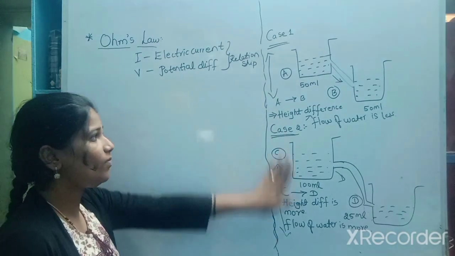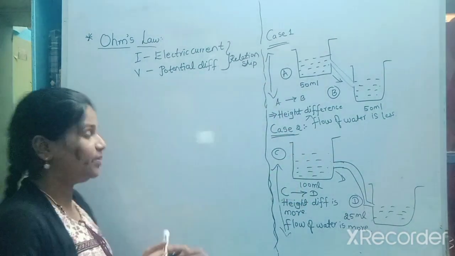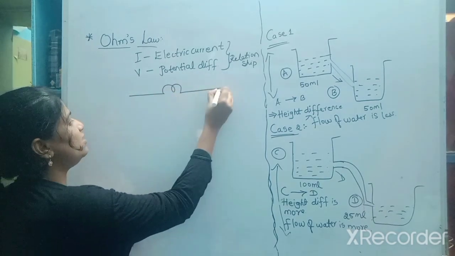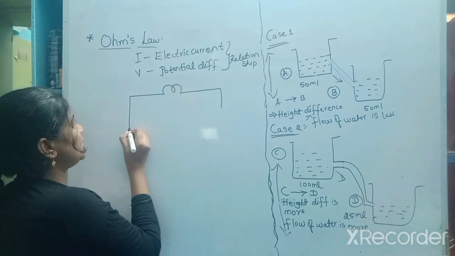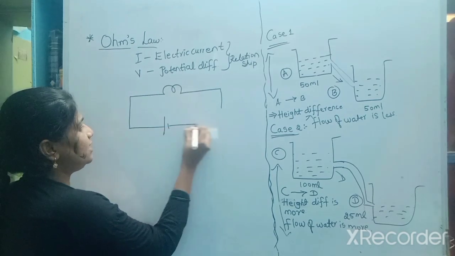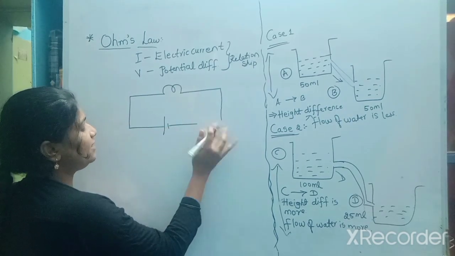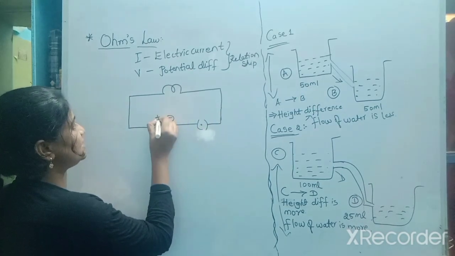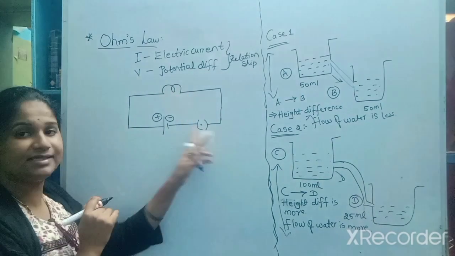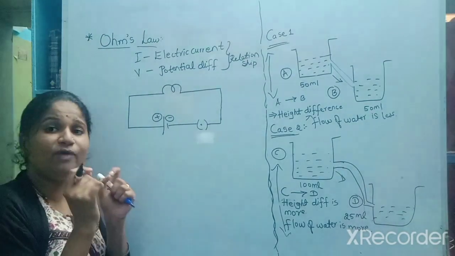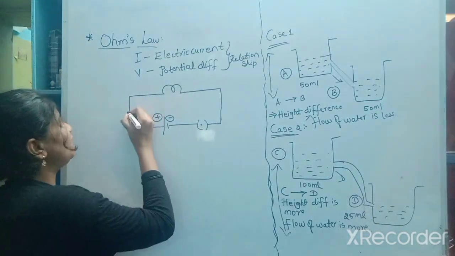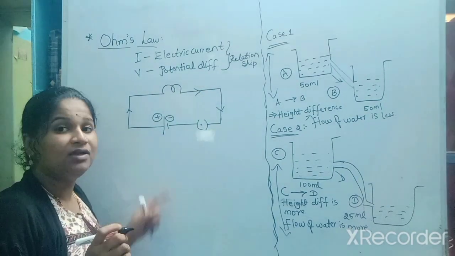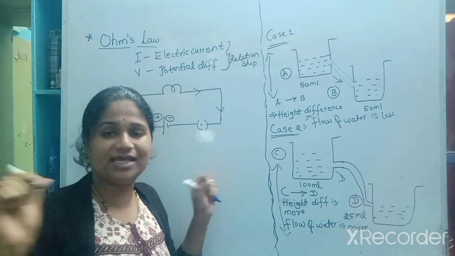Now this is regarding certain examples. Let us consider a simple circuit with a bulb connected to a cell. Here the switch is on, this is the negative terminal, this is the positive terminal, this is a bulb and this is a switch. The flow of current will be from positive terminal to negative terminal, as we discussed in the previous sessions.